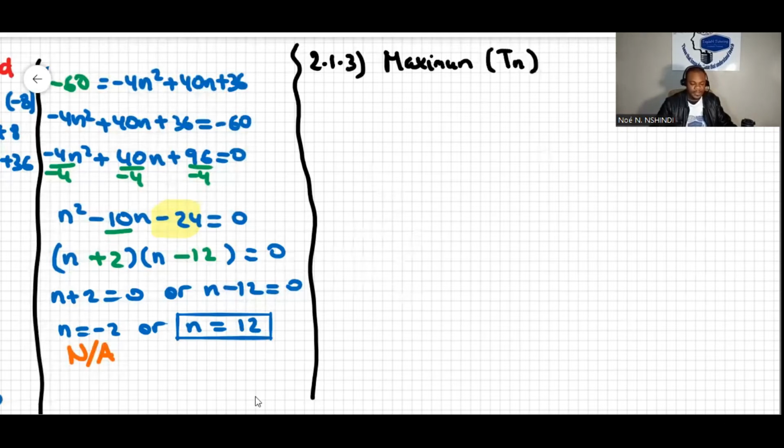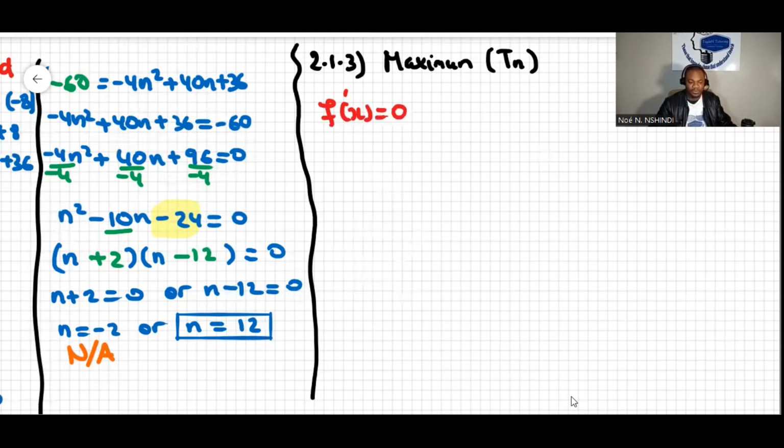So to determine the maximum, this is what we can do. Either we find the derivative of Tn, because Tn here is like the function now, because the variable is n. To find the maximum of the function, we take the derivative and set it equal to 0.